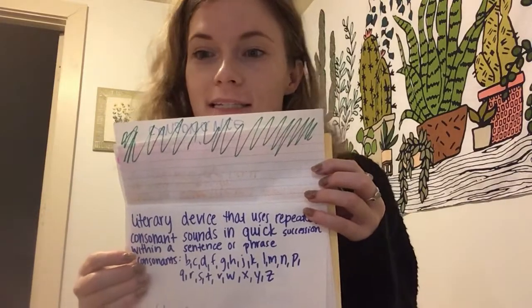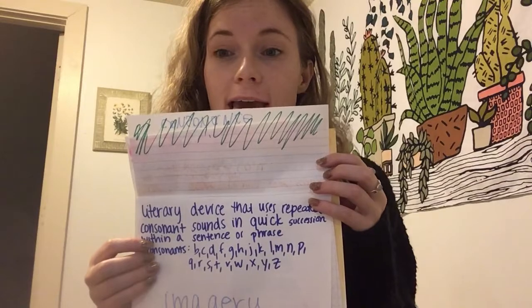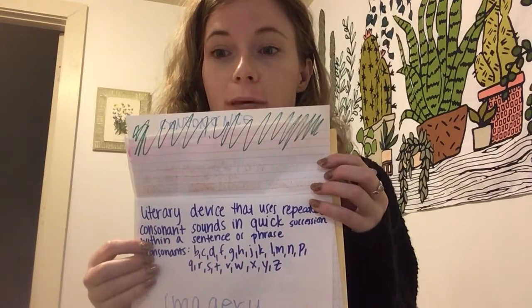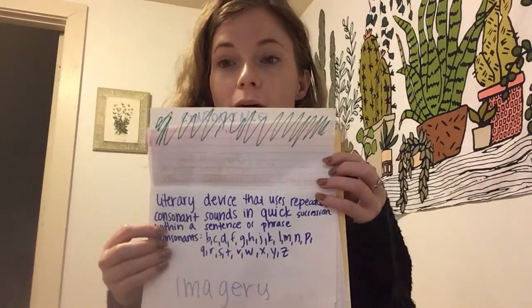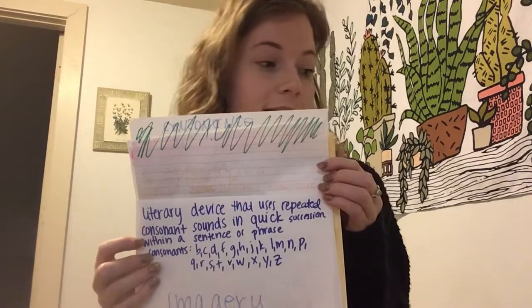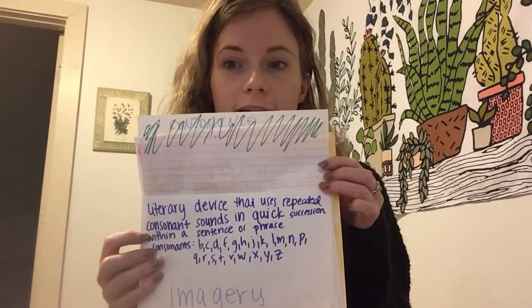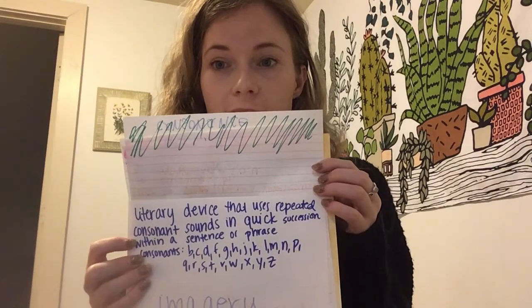B, C, D, F, G, H, J, K, L, M, N, P, Q, R, S, T, V, W, X, Y, Z. These are all consonants because consonants is a literary device that uses repeated consonant sounds in quick succession.